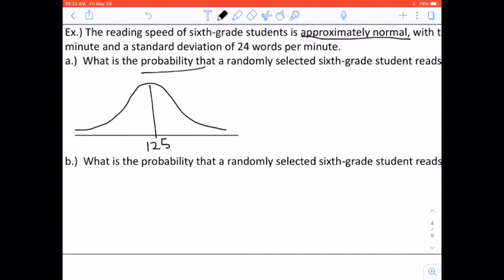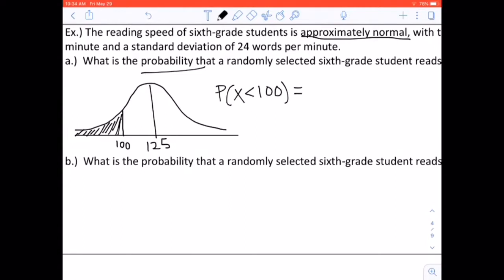Since part A is asking for students that read less than 100 words per minute, 100 would be over on the left side, and less than would be shading to the left. So we are going to find the probability that x is less than 100.